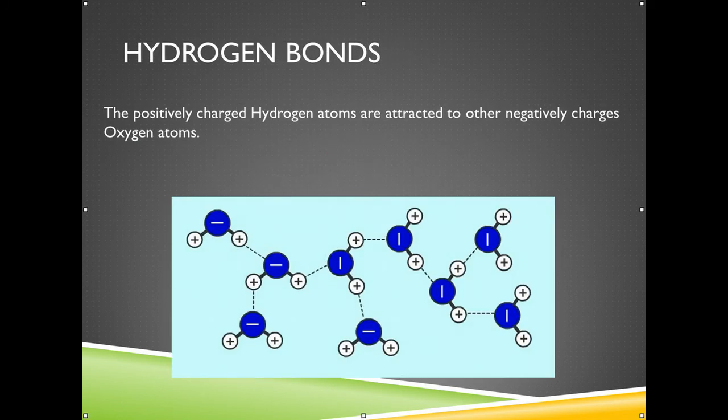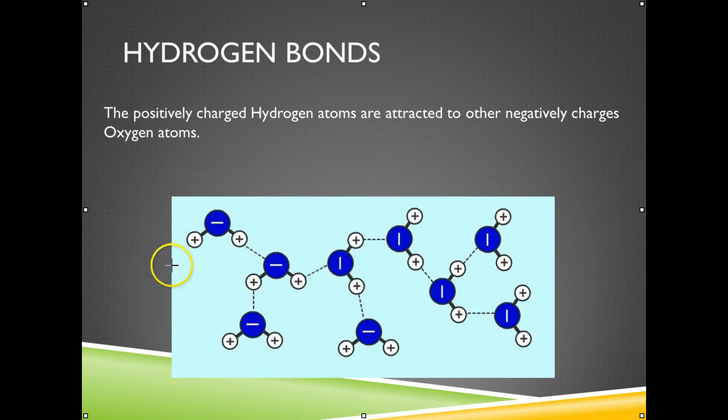Another unique bond with water are the hydrogen bonds. The hydrogen bonds are, in a sense, real similar to the polar covalent bonds, but these are bonds in between individual molecules, whereas the polar covalent bonds are in between different atoms, such as the hydrogen atoms and the oxygen atoms.